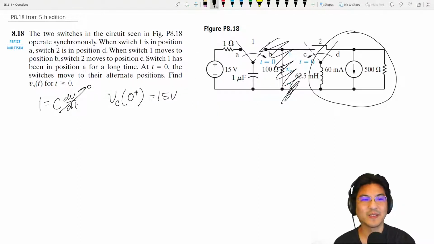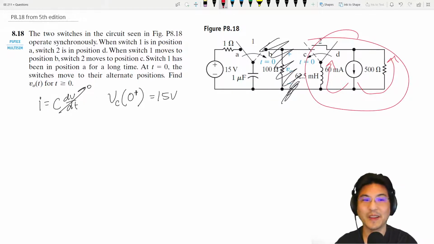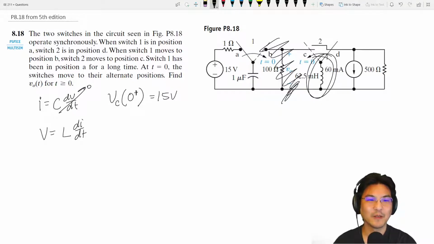Okay, and then this side over here, we have current going, it can split, right? Some of it can go this way, some of it's going to go this way. But then again, it's been like this for a long time. So for the inductor over here, the voltage is L di/dt. And the current going through there is constant because it's been a long time.